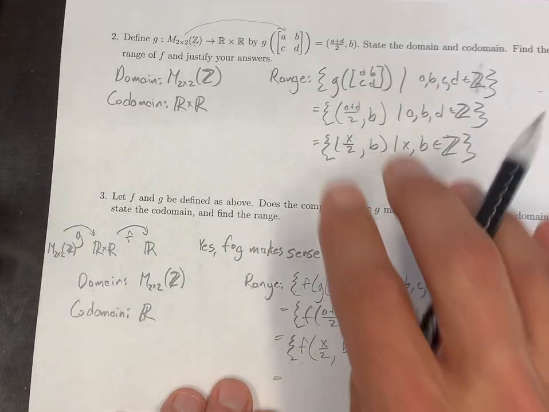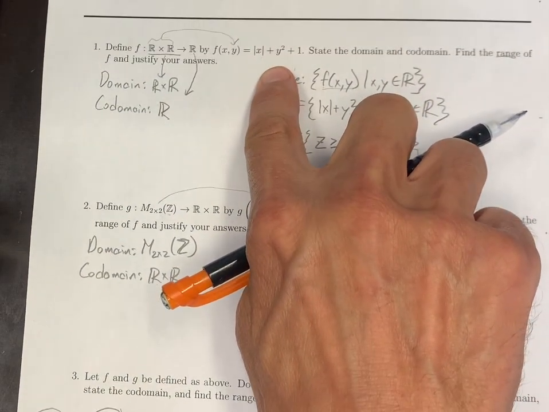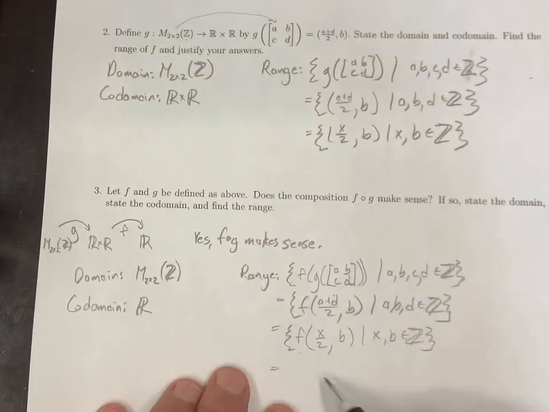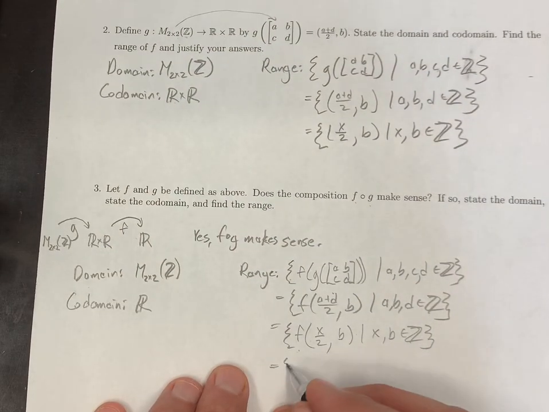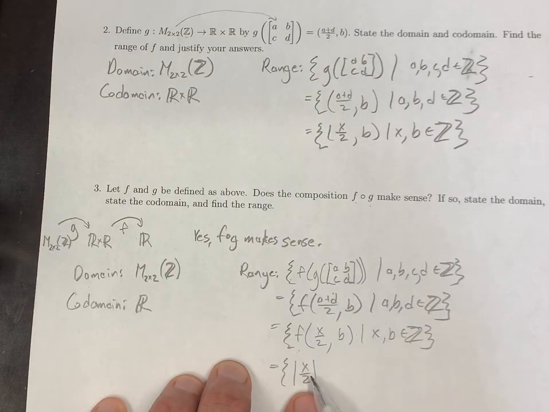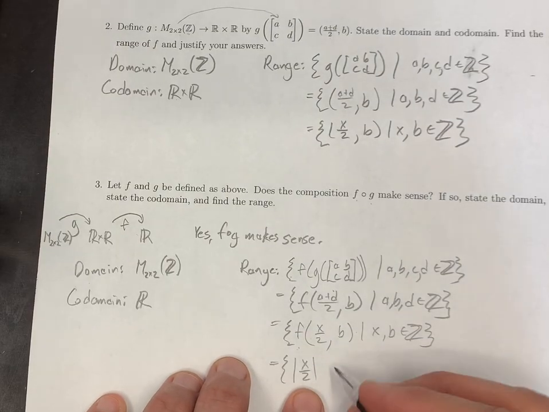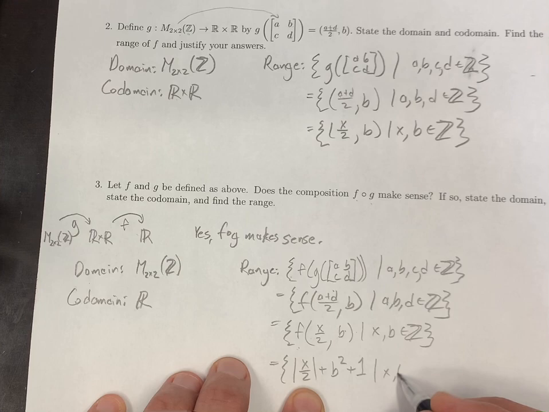Remember, the definition of f was absolute value of the first thing. So we're going to take the absolute value of x over 2. That means we'll get a half integer, but it can't be negative, plus b squared plus 1, such that x and b are integers. So what does this actually give me?